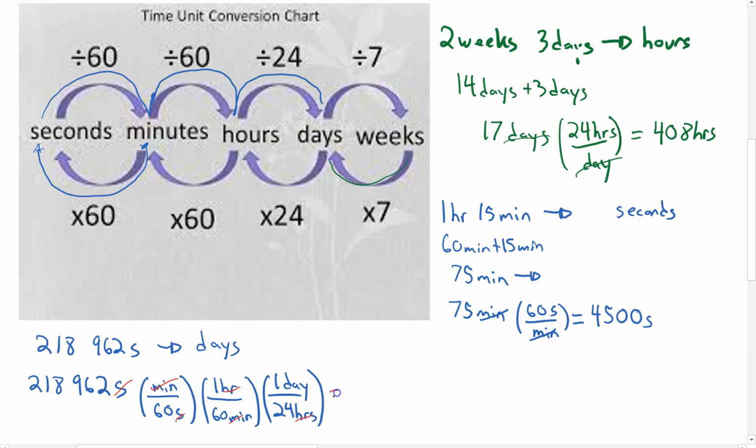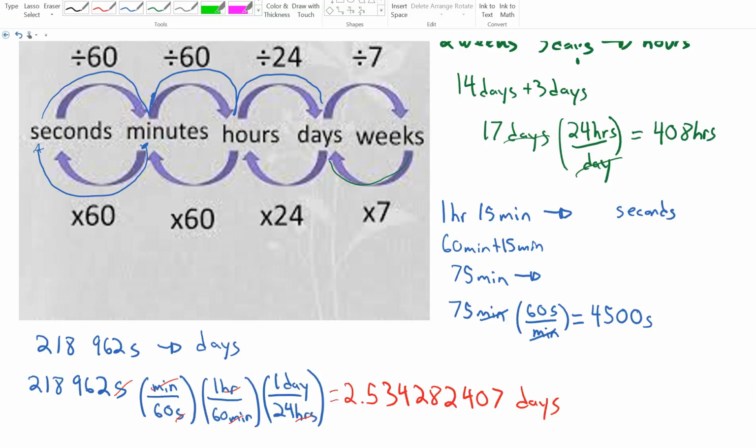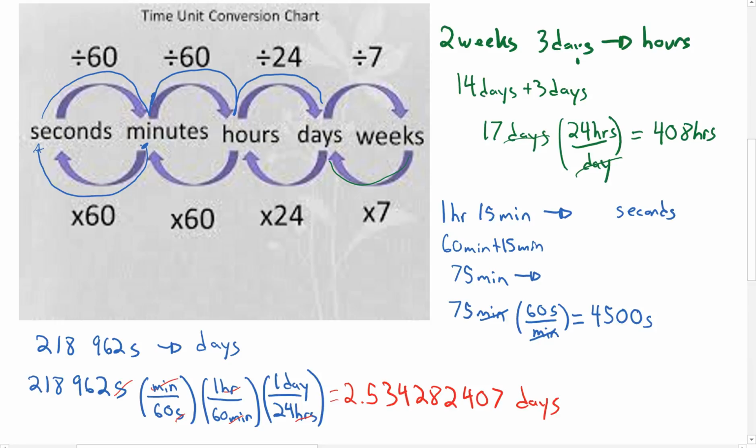Now when I actually work this out, I'm going to have 2.534282407 days. Now we should take a look at all of these questions involving sig figs. Here I'm doing division. All of these divisions by 60, 60, and 24 are exact measurements.